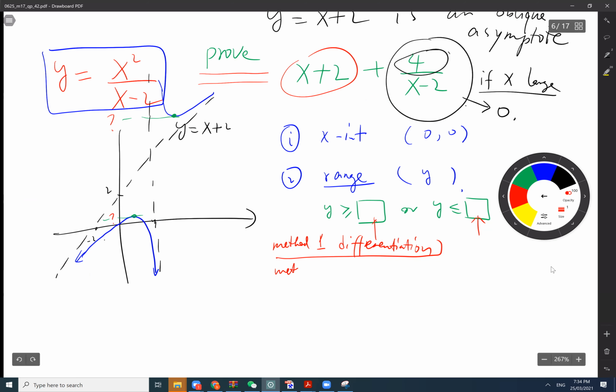Method 2. Use the idea about the inverse thing. Can you make x the subject? Our question is here. Can you make x the subject? Try to find x equals something. How to make x the subject?